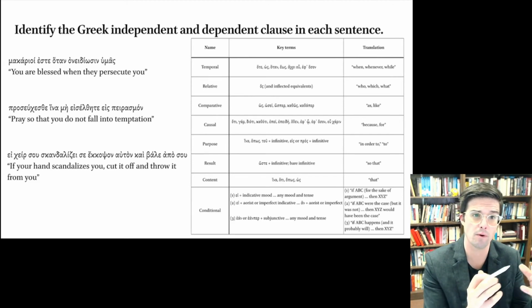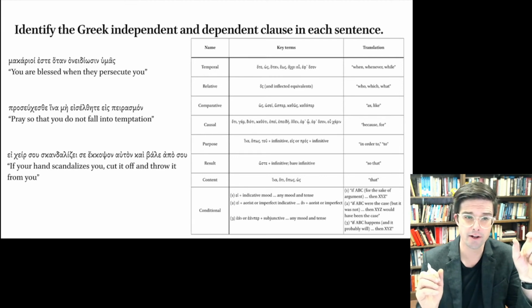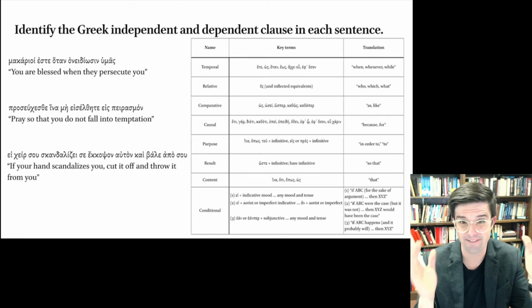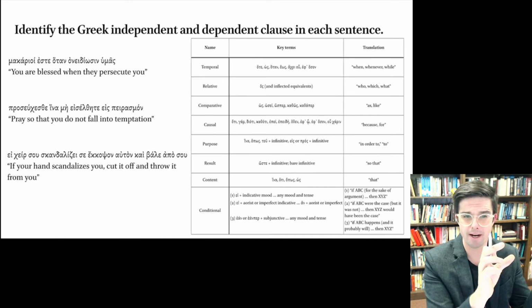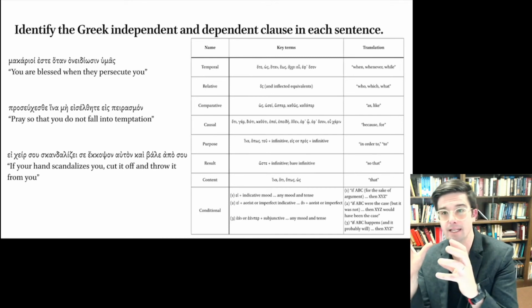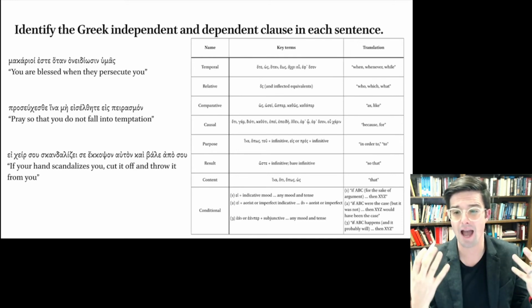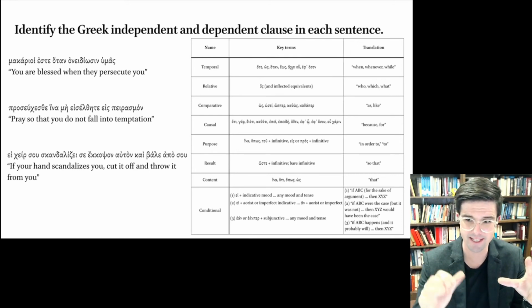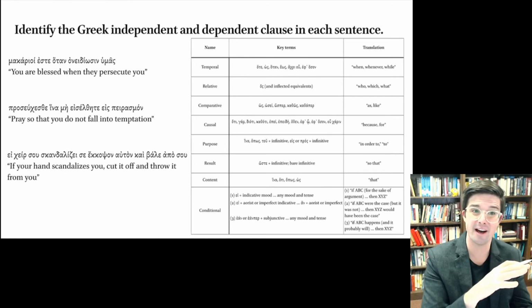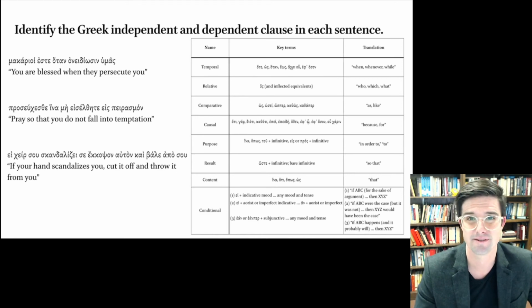So I would encourage you to do this both in Greek and in English. Underline or just identify on the screen here which part is the independent clause that doesn't depend on something else, what part is the dependent clause, and what is the word that is signaling that you have a dependent clause. So go ahead and pause here. I'm going to do the same, and again underline all the independents in one color and the dependents in another.